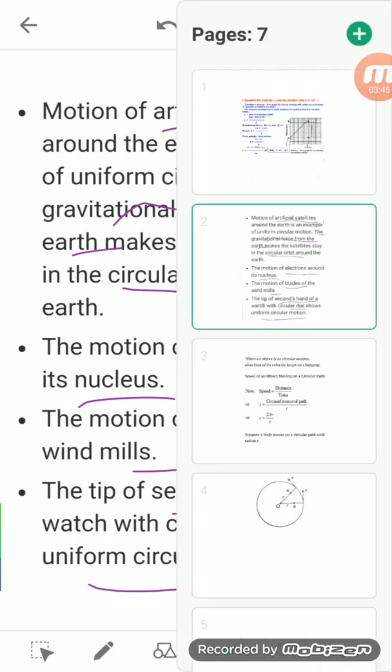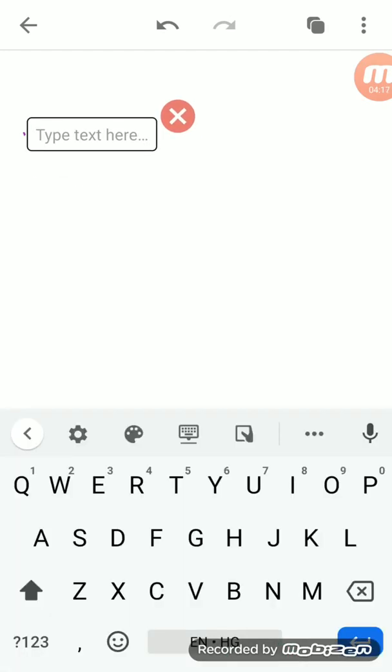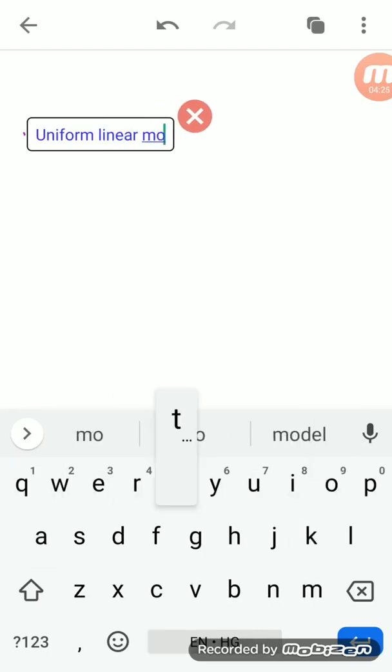Now we already talked about uniform linear motion, and now we are discussing uniform circular motion. So what is the basic difference between them?